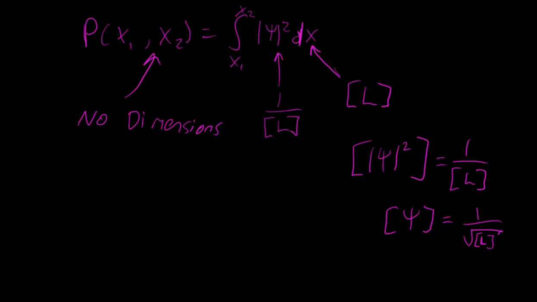And so theoretically, yeah, you could measure psi in 1 over the square root of meters, or meters to the negative 1/2, right? But nobody actually really does that. I've never seen that done. So the units aren't extremely important, but it's always good to know that there are units, and knowing what the dimensions are. We aren't going to be really using them much, if at all, in this course.